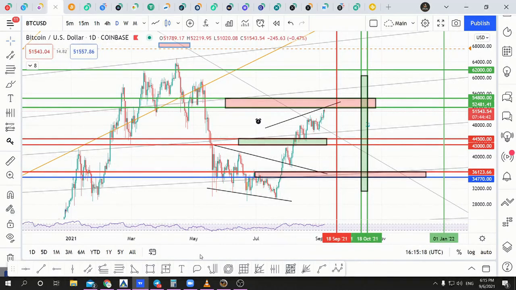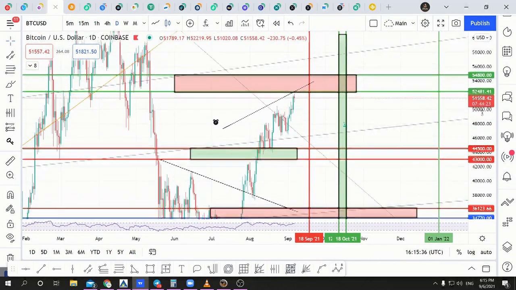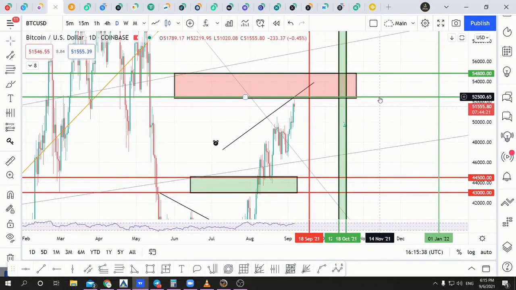To be very clear, we will talk first about the price, about the supports and resistances, and then we will go to the time analysis. First of all, we have this area, the area between 52 and 54k.